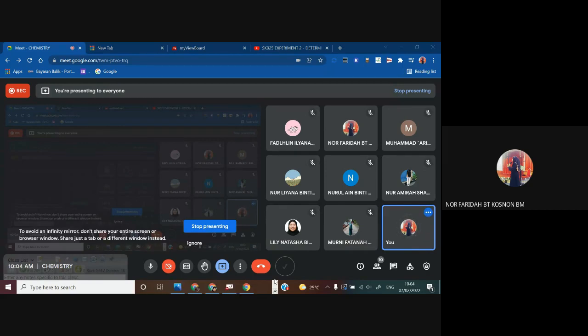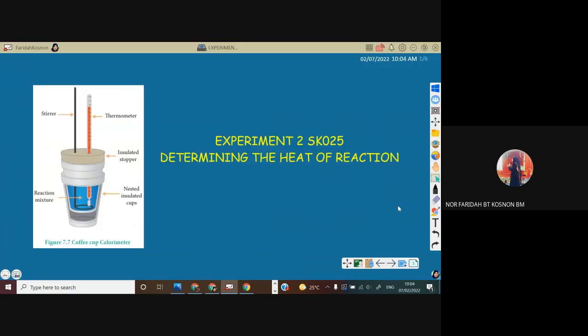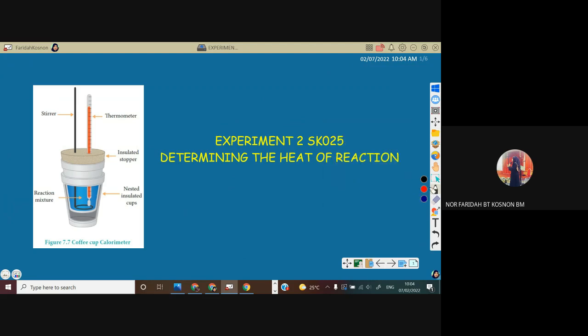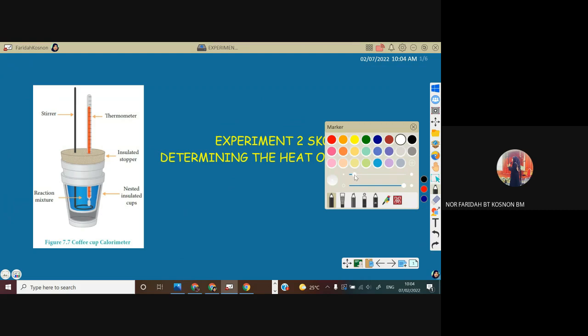Okay, so the experiment 2, the title of the experiment is determining the heat of reaction. And this experiment is very related to chapter 2, thermochemistry.